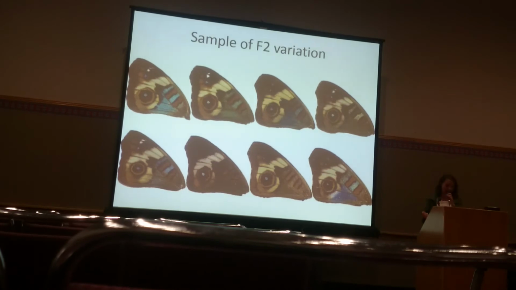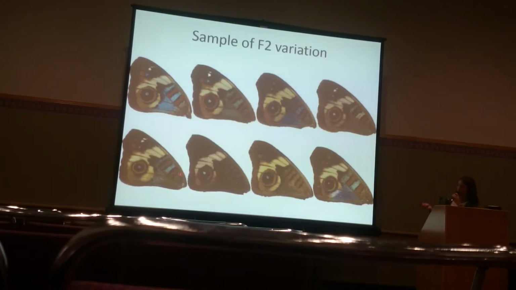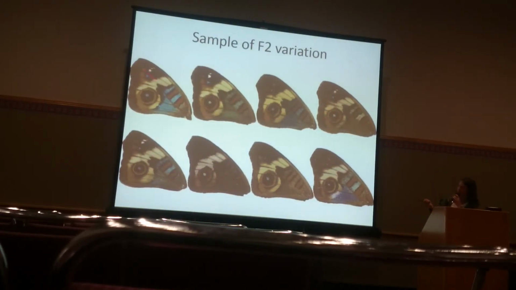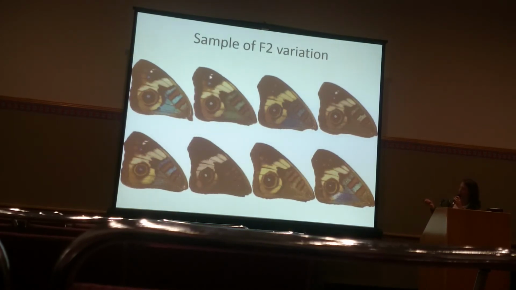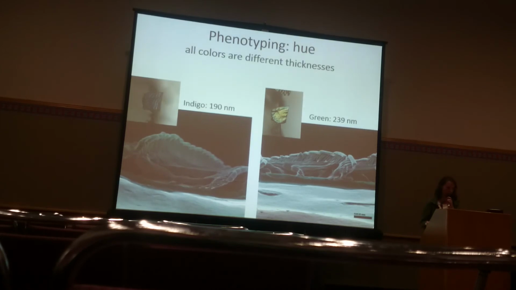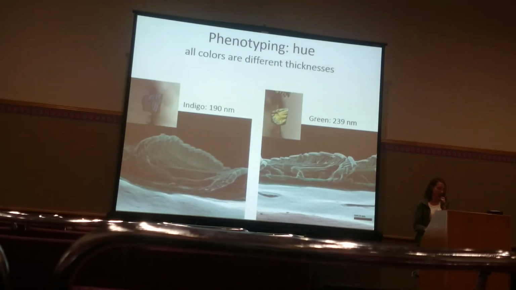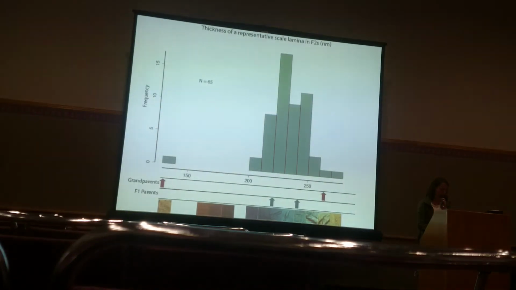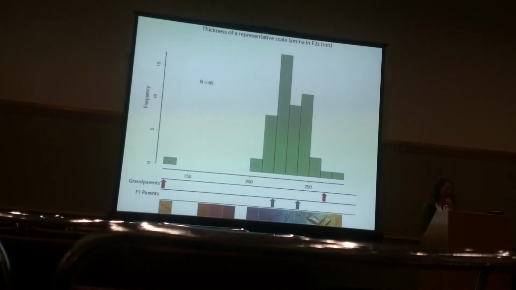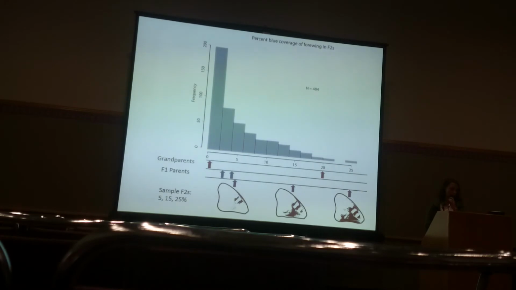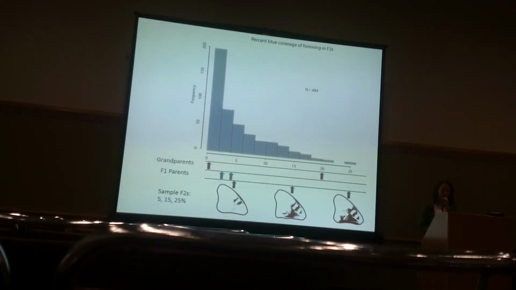You can see that there's variation for how much of the wing has structurally colored scales, but once again we have different colors popping out, not only blue but green and indigo. And I can confirm with SEM that these additional colors represent additional thicknesses like you would predict in the model. So I'm interested in mapping hue. I'm also interested in mapping what percent of the wing has modified color scales on it.